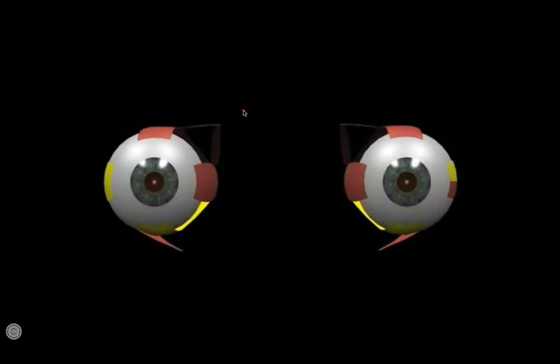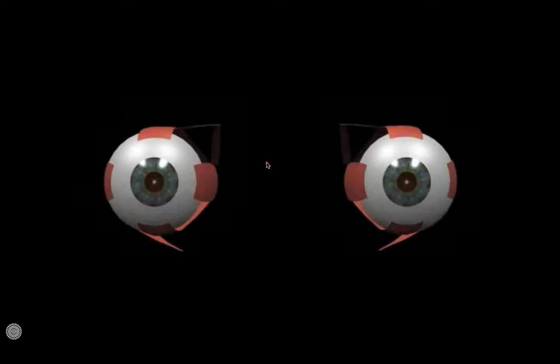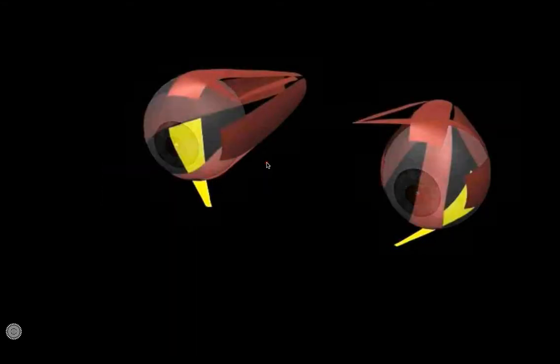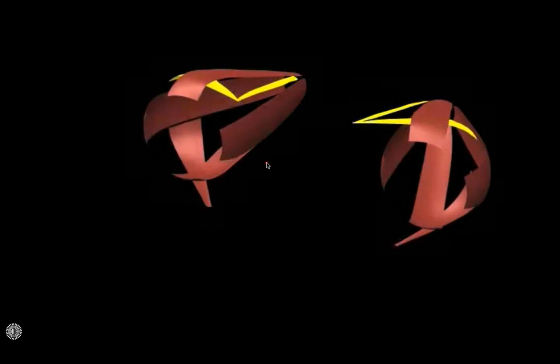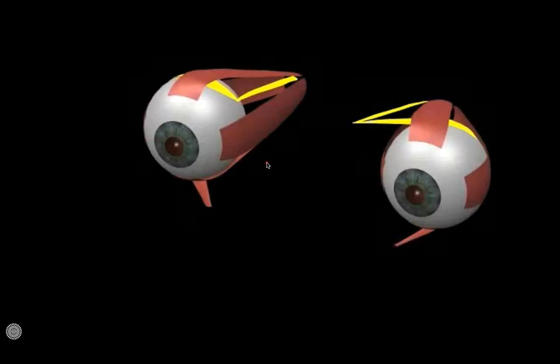And then when we activate that superior oblique, we're going to see that we get a bit of a lateral movement as well of the eye. And here, these are the inferior obliques and the superior obliques, now here in yellow.